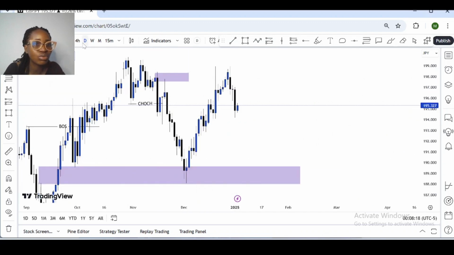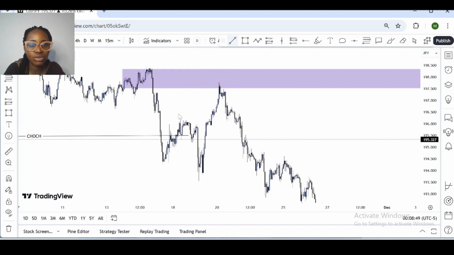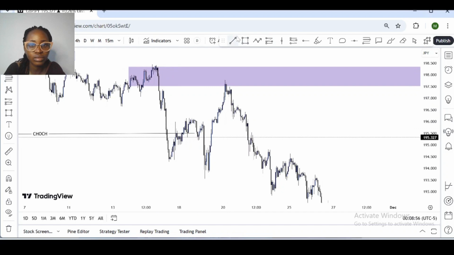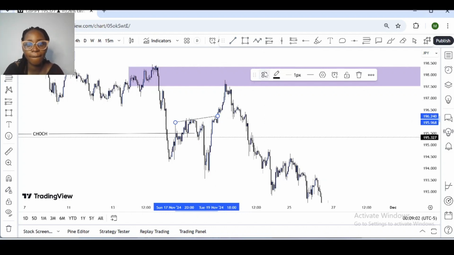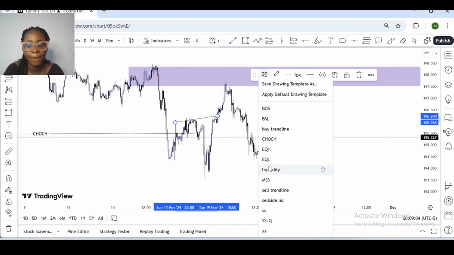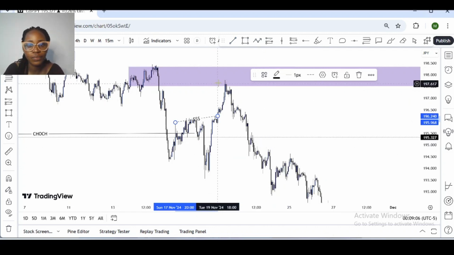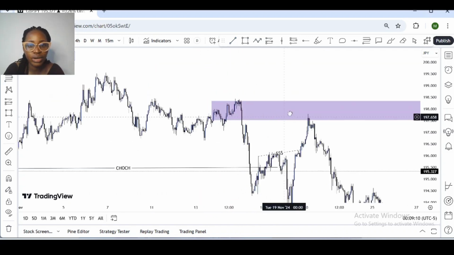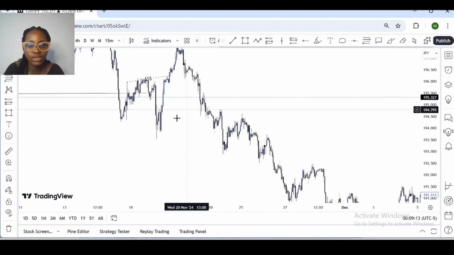So now let's go to H1. Price traded up to the zone, took out liquidity here, and tapped into this zone before the next push to the downside, right? So now let's start analyzing from here.